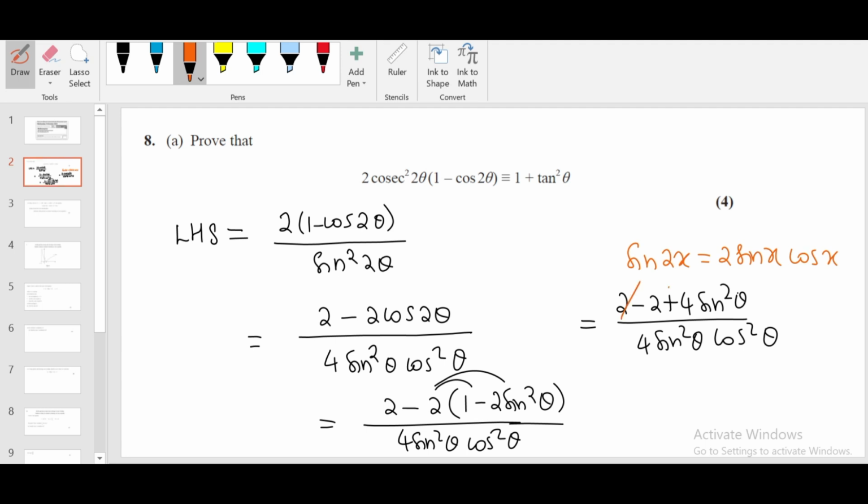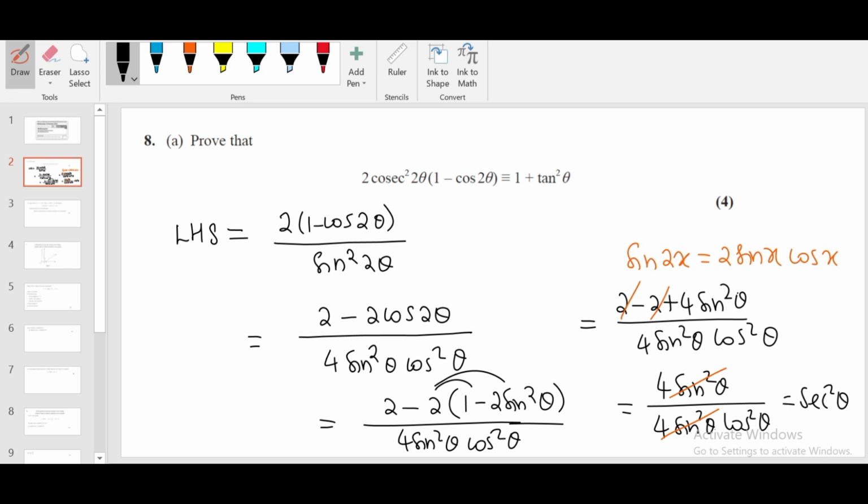You can cancel this 2 and 2, so it's going to be 4 sine square over 4 sine square cos square. Can cancel 4 sine square, so you are left with 1 over cos square is secant square, and we know this identity, secant square minus tan square is 1, so secant square is same as 1 plus tan square, which is equal to RHS.